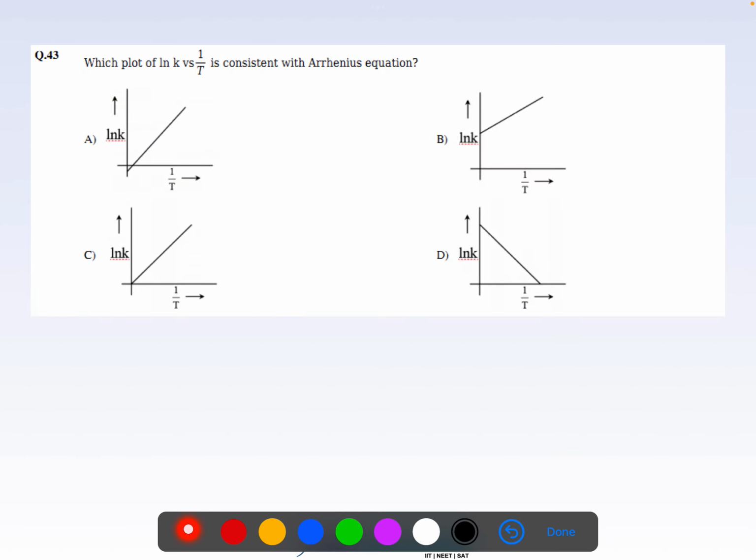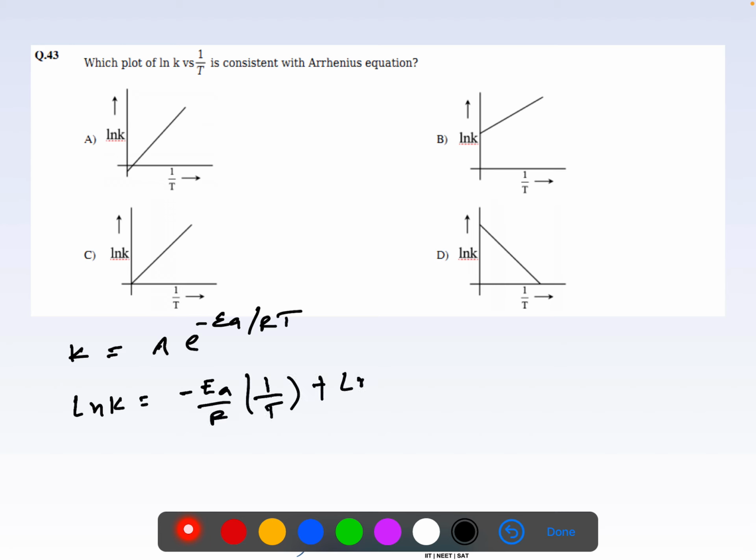So according to the Arrhenius equation, the rate constant K will be equal to A into e power minus Ea by RT. So then ln K will be equal to minus Ea by R into 1 by T plus ln A. So this is in the form of y is equal to mx plus c.